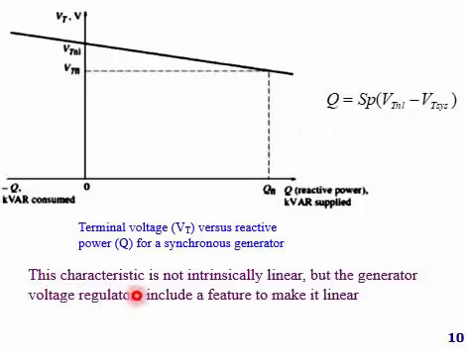This characteristic is not intrinsically linear, but the generator voltage regulators include a feature to make it linear. So ideally it is not linear, but it has to be made linear with some calculations.